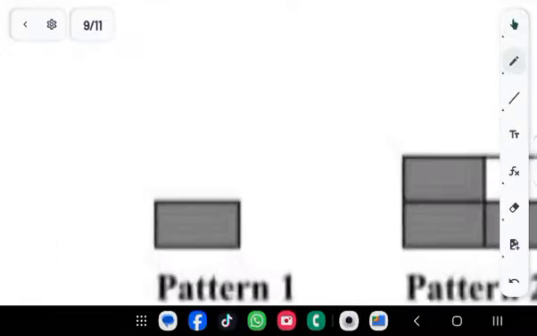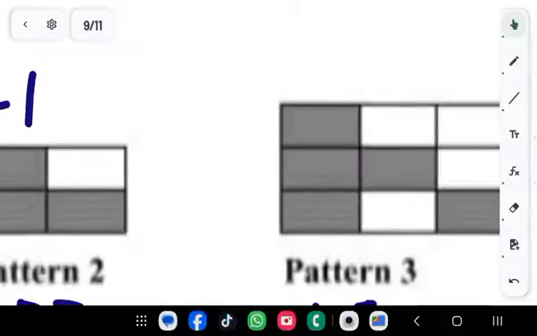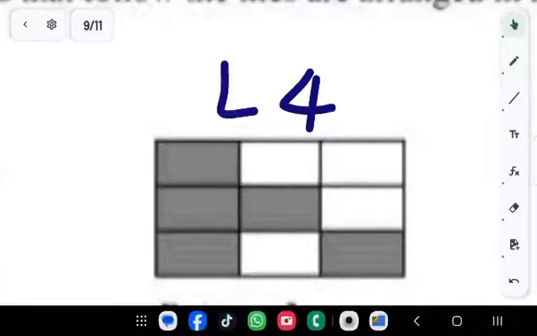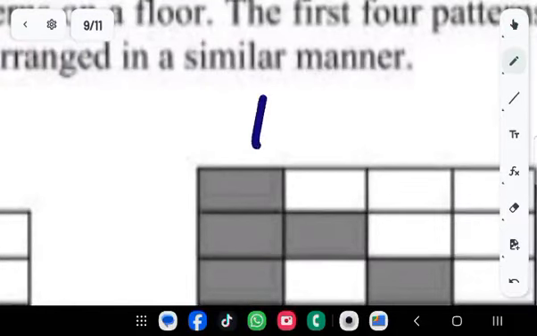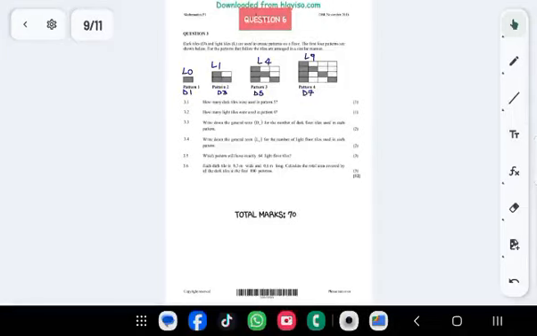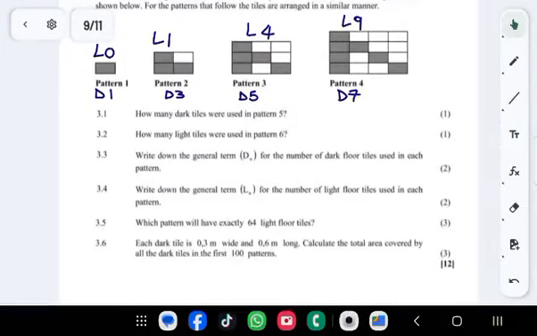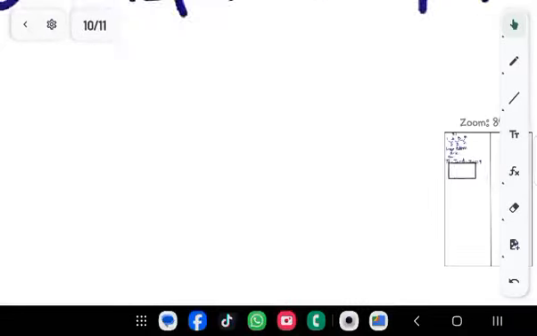Light 0, light 1, light 4, and then light how many? 3, 6, 9. Light 9. Here is the pattern for the light tiles: 0, 1, 4, 9.